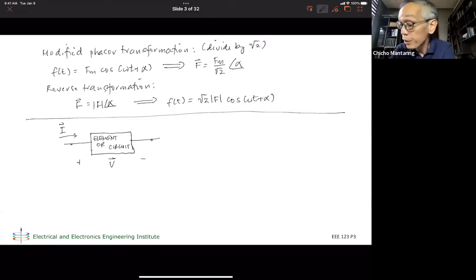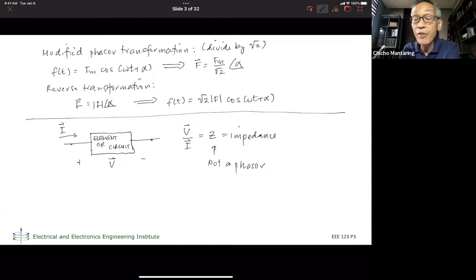If I get the ratio of V over I, so these are both phasors, this is equal to Z. Z is not a phasor. And this is called impedance. V is a phasor, I is a phasor, but if you get the ratio of V over I, that is not a phasor. That is called impedance, Z. This is just a complex number.